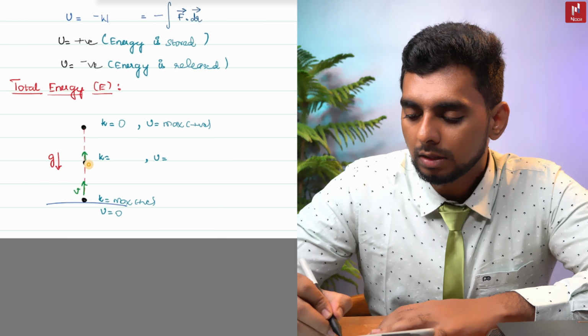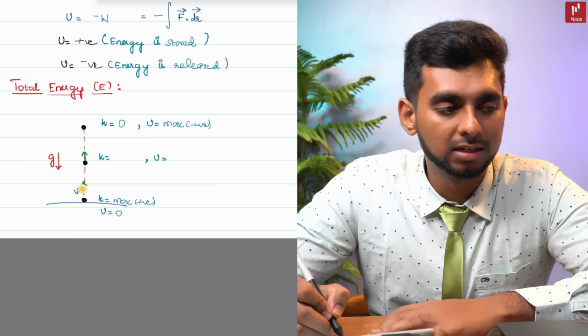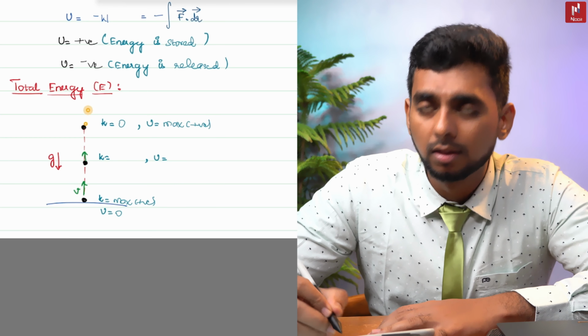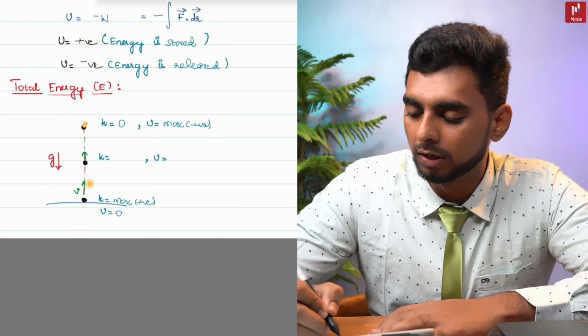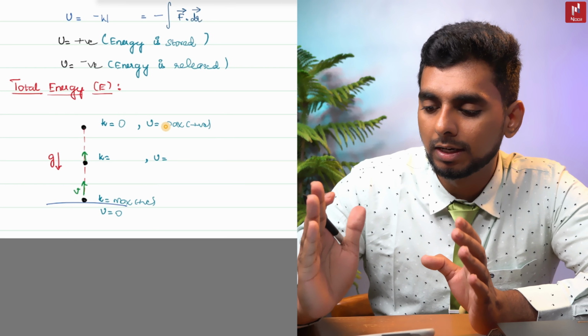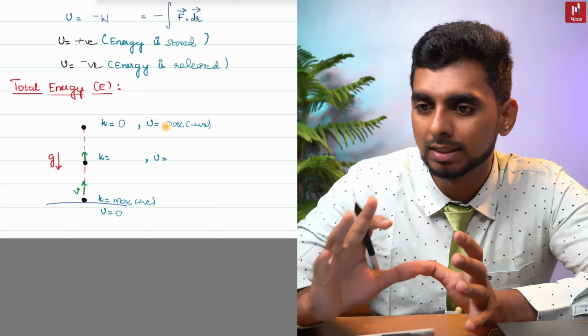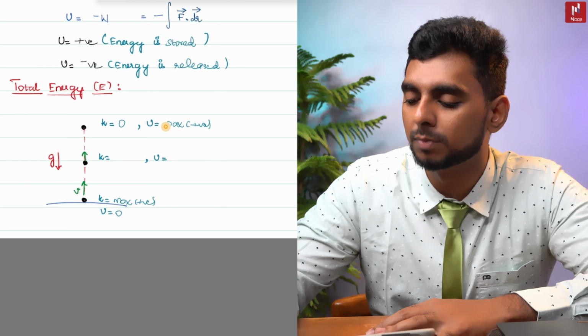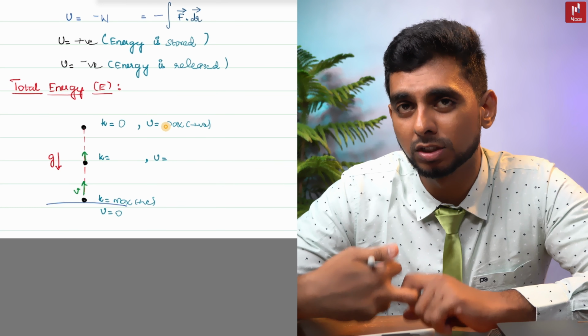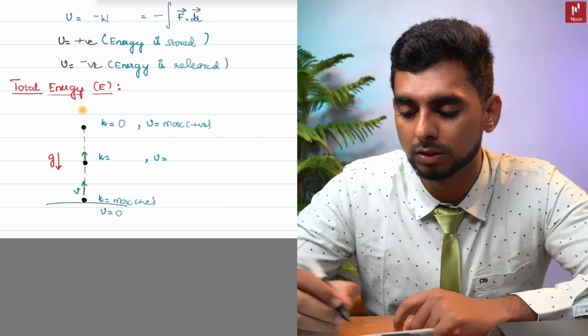In the same way, if I take any intermediary position between the topmost point and the bottom one, you will have some quantity as kinetic energy and all the rest will be stored in the form of potential energy. The summation of those two will again give you the total energy, which is the constant one.